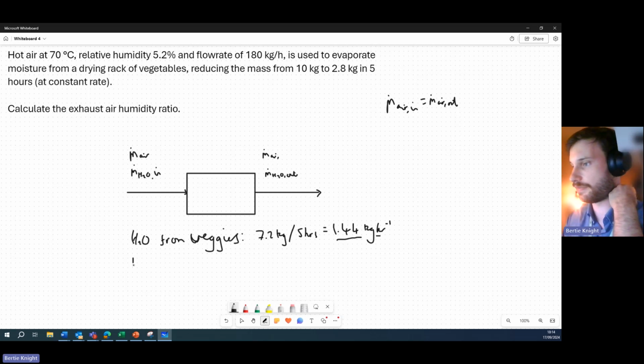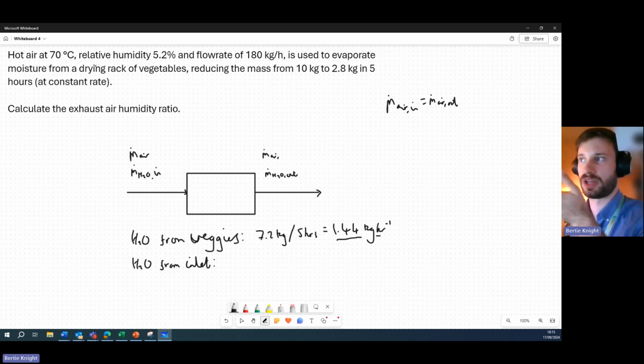Now we've got H2O from inlet. It's described in the problem that hot air at 70 degrees C with a relative humidity of 5.2% enters the drying rack. Bear in mind that relative humidity doesn't describe the percentage of water in the air.